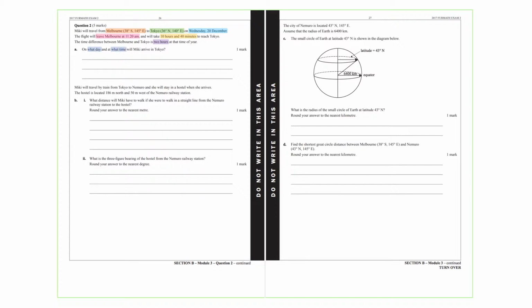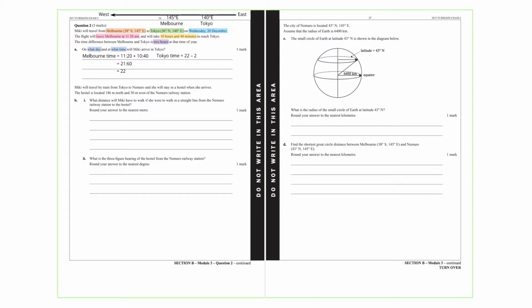Let's calculate the Melbourne time. That is 11:20 plus 10 hours 40, the flight, is equal to 21:60. 60 minutes equals 1 hour, so this is equal to 22:00. Tokyo time is 22 take away 2, because Tokyo is 2 hours behind Melbourne since it is closer to the east.